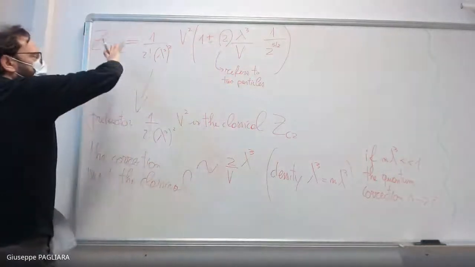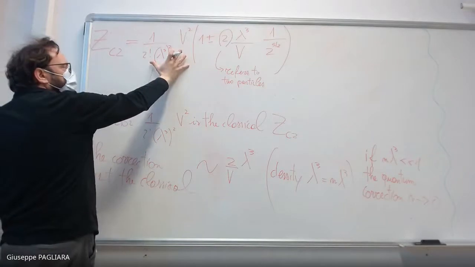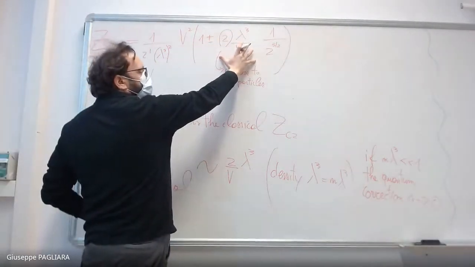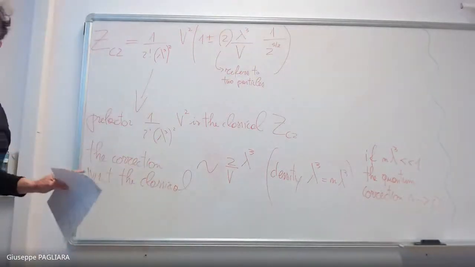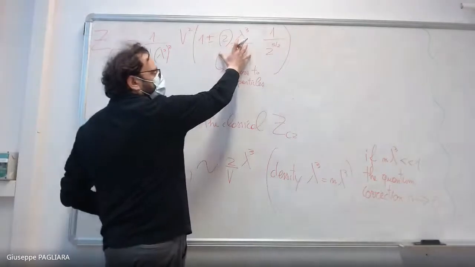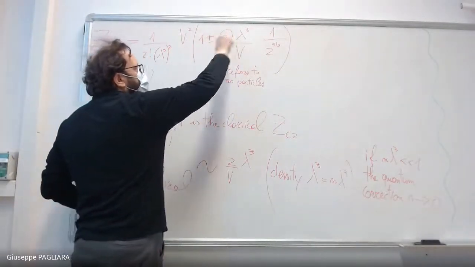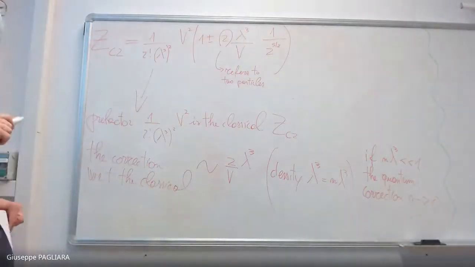So this structure is interesting because I have the classical result, which is this prefactor. Then I have a correction coming from quantum mechanics, even though we are in a free particle case, that scales exactly as n times lambda cubed.